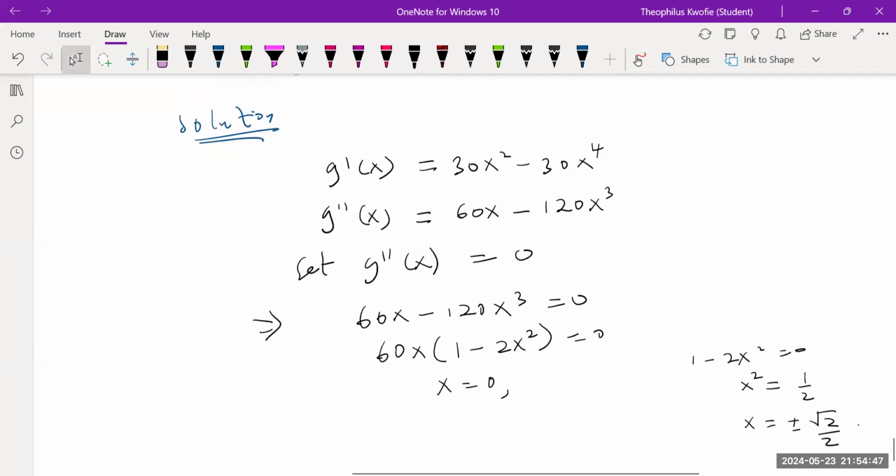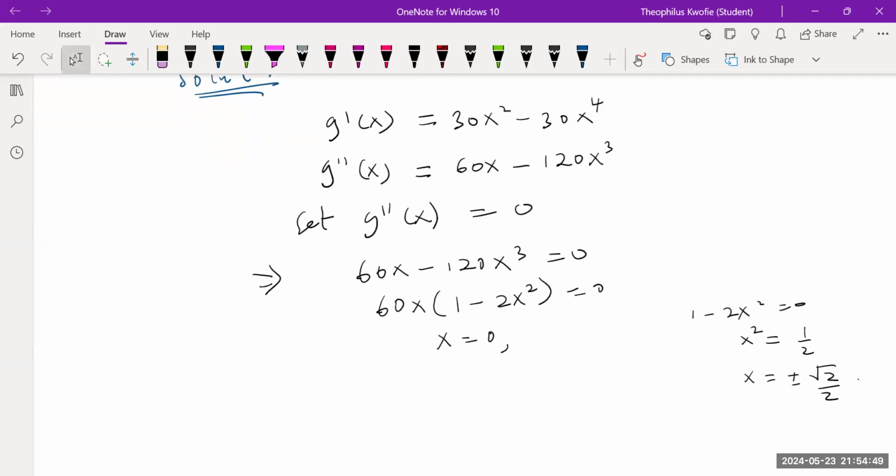Now we plug. So the first thing to do is that we have f of x. We plug x value into that, and that should give us what?